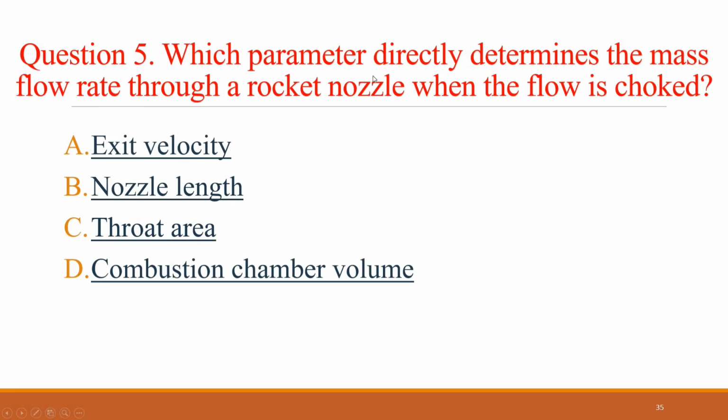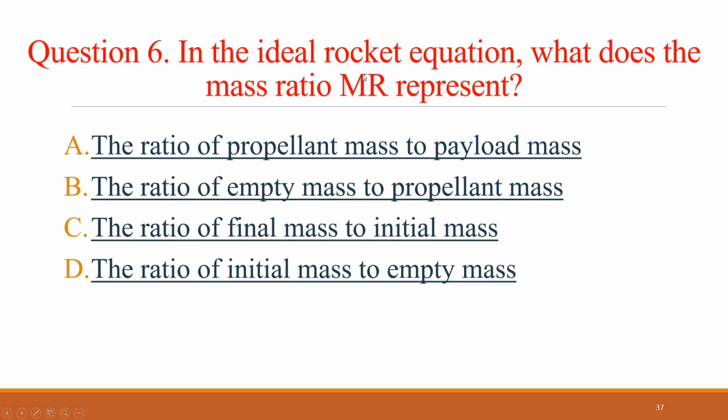Question 5. Which parameter directly determines the mass flow rate through a rocket nozzle when the flow is choked? The correct answer is throat area. Question 6. In the ideal rocket equation, what does the mass ratio mR represent?